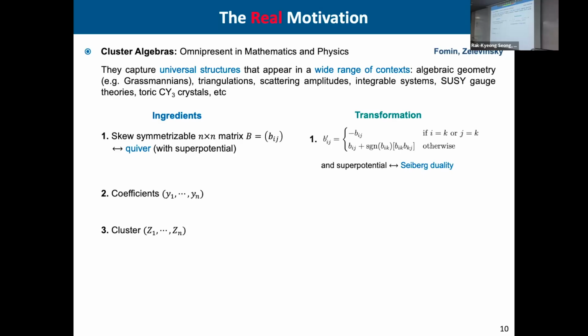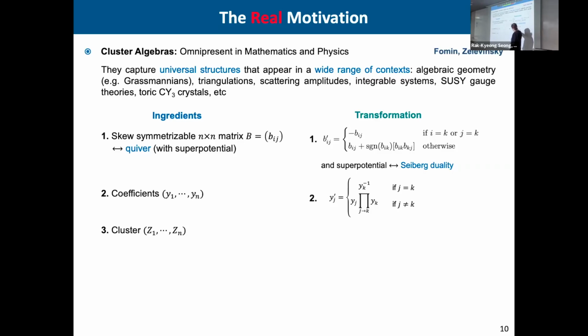So, under a mutation on a node K, it transforms in this way, which is literally a quiver mutation for us. And if you had a potential, it transforms exactly as you would transform a superpotential in Seiberg duality. Then the coefficients transform in this way.